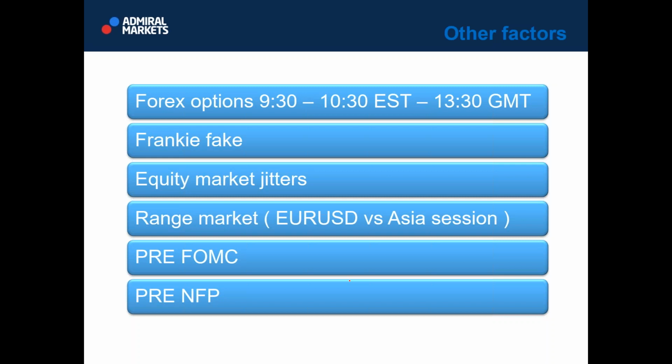When there isn't enough liquidity to move a currency pair, let's say such as euro dollar during the Asia session, movements are confined in a range. So euro dollar will not move a lot during the Asia session. Pound yen pairs, Australian and New Zealand pairs will simply move better due to that liquidity.